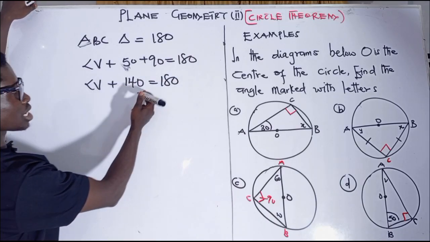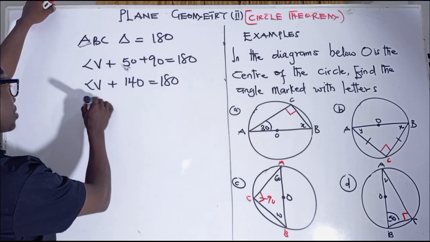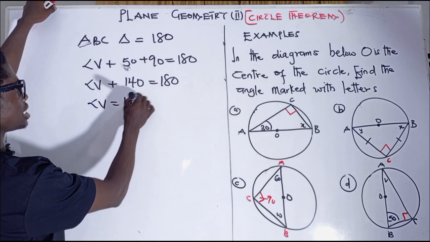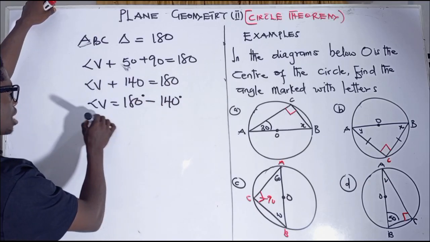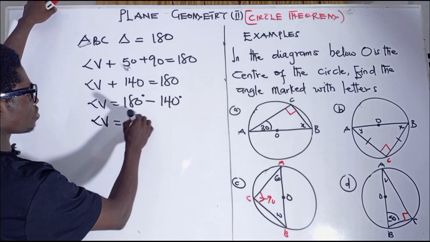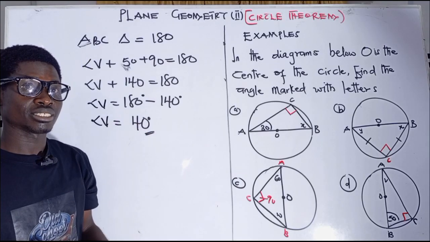We are looking for V, so you can transpose the whole of this to the right hand side. We have our angle V is equal to 180 minus 140 degrees. We have our angle V is equal to 40 degrees. Very, very easy and simple.